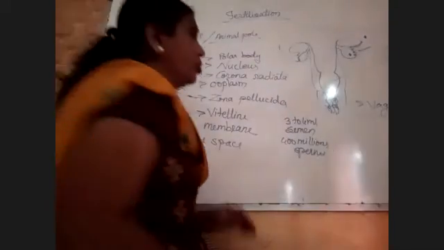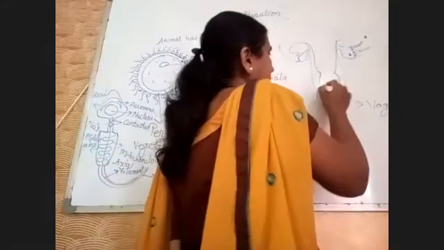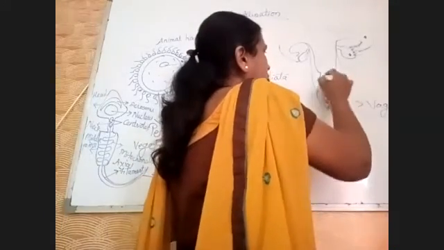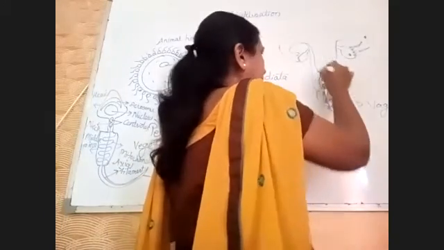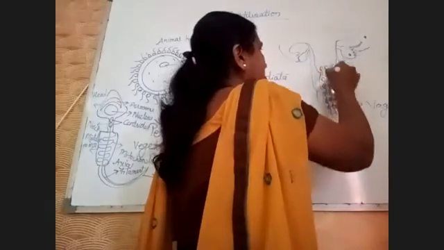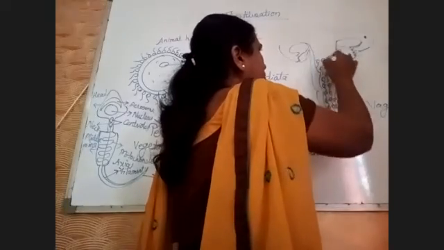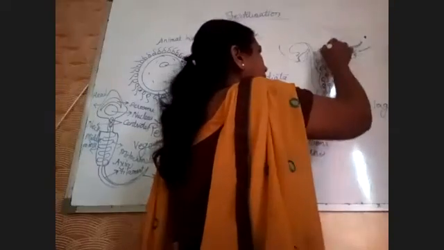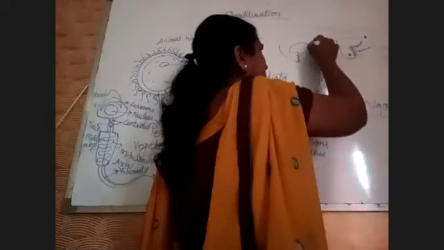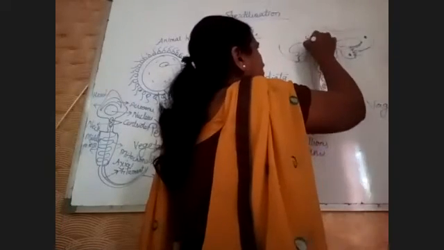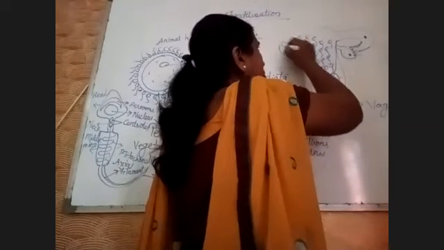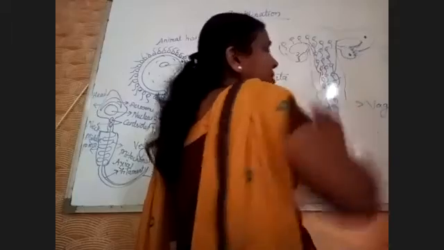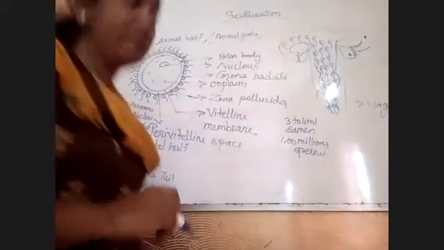Okay, so these sperms will now travel towards the ovum, for the fertilization process. Some may go on this side, but on this side there is no ovum.